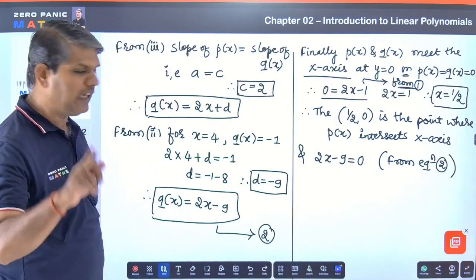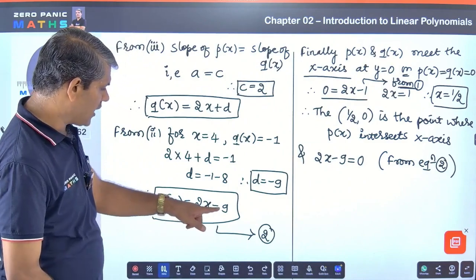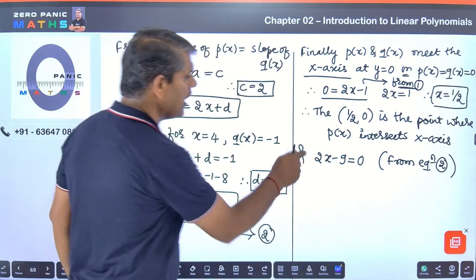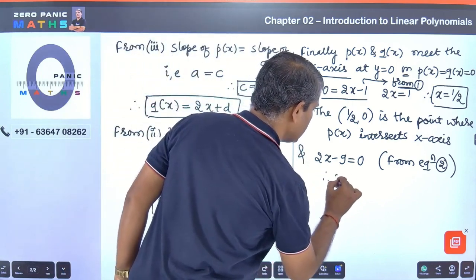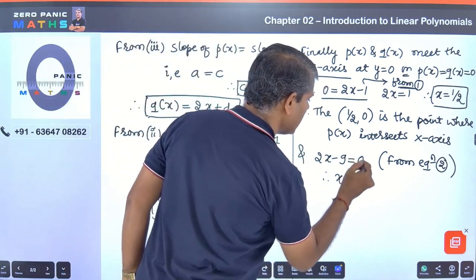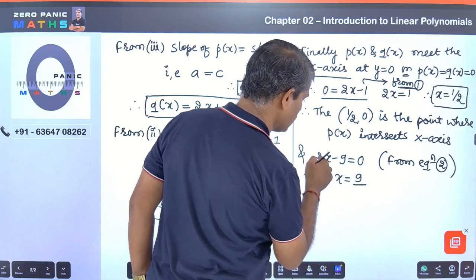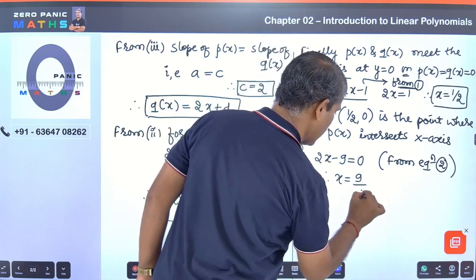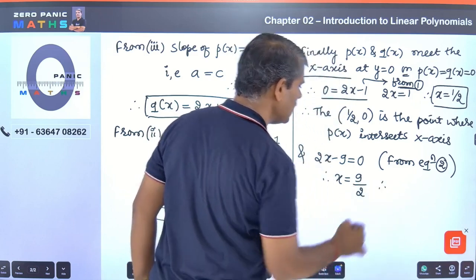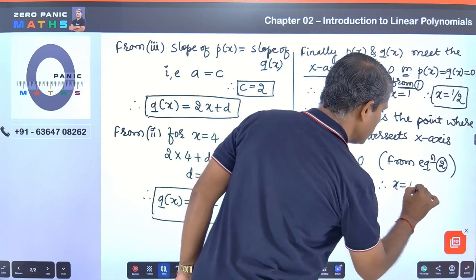You understood this, right? Okay, so I considered 2x minus 9 is equal to 0. So therefore x is equal to, I will take -9 to the right side, and 2 to the right side. Again, a multiplication will go into the division, and x is equal to 4.5.